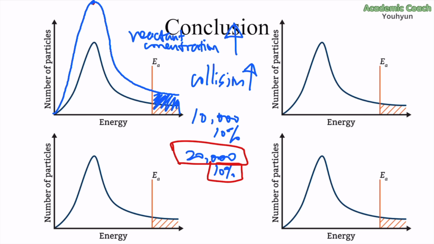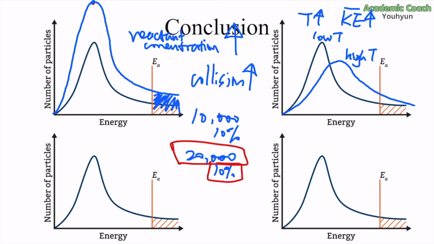Next, let's talk about temperature. Again, we know that when temperature increases, average kinetic energy increases, and the Maxwell-Boltzmann distribution curve changes like this. So this is low temperature, this is high temperature. At higher temperature, the peak gets lower, but where the peak occurs also shifts towards the right.